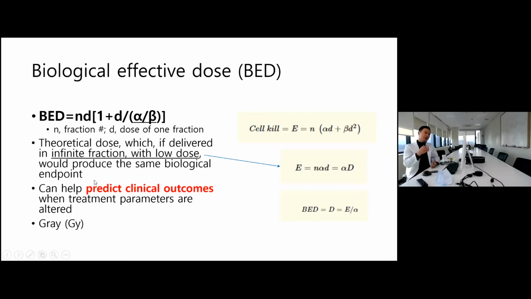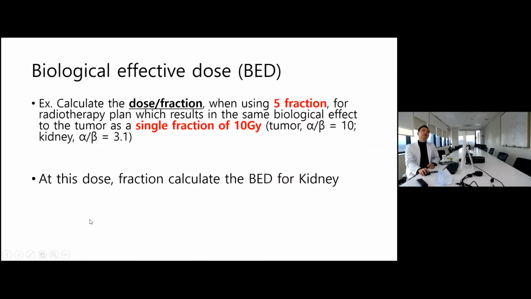The purpose of such a BED is to predict clinical outcomes when treatment parameters such as fraction number and dose per fraction are changed. This is the biological effective dose, and the physical unit of the BED is the gray.